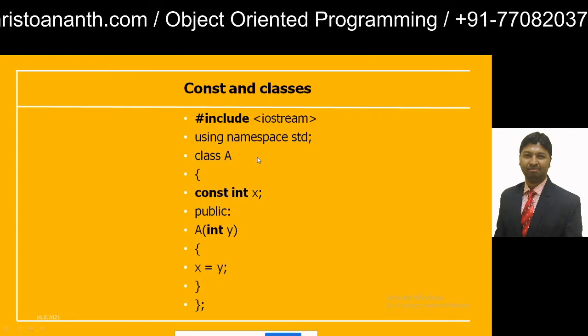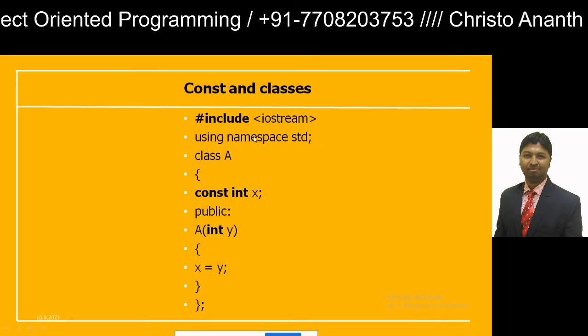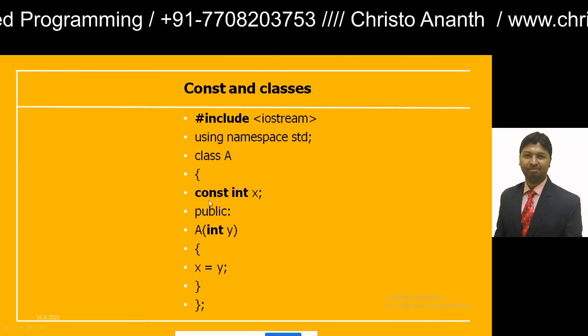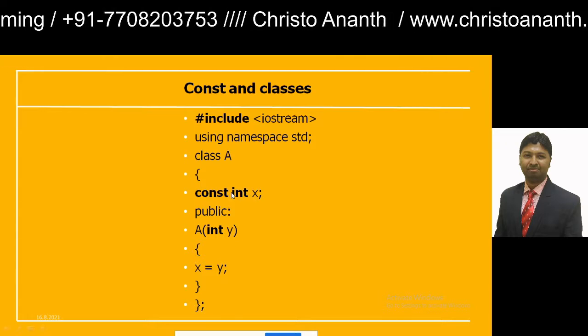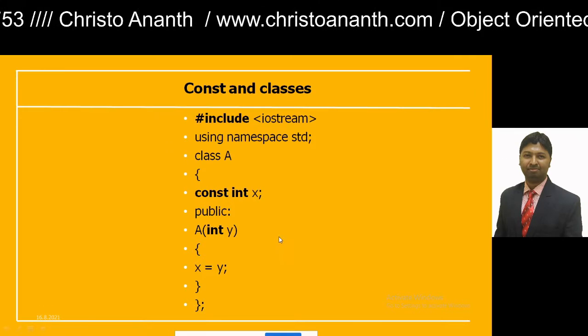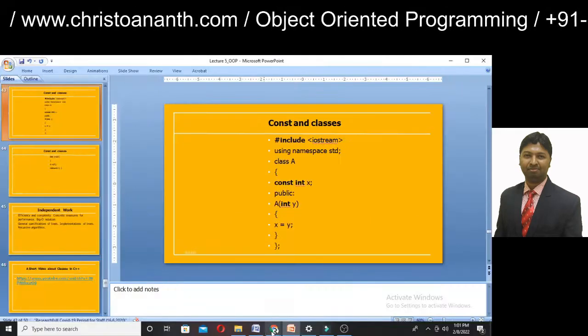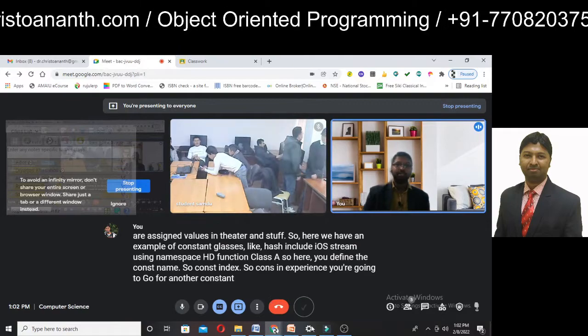Here we have an example of constant classes: hash include iostream, using namespace std, class A. Here you define the const type: const int x, meaning the constant int data type.